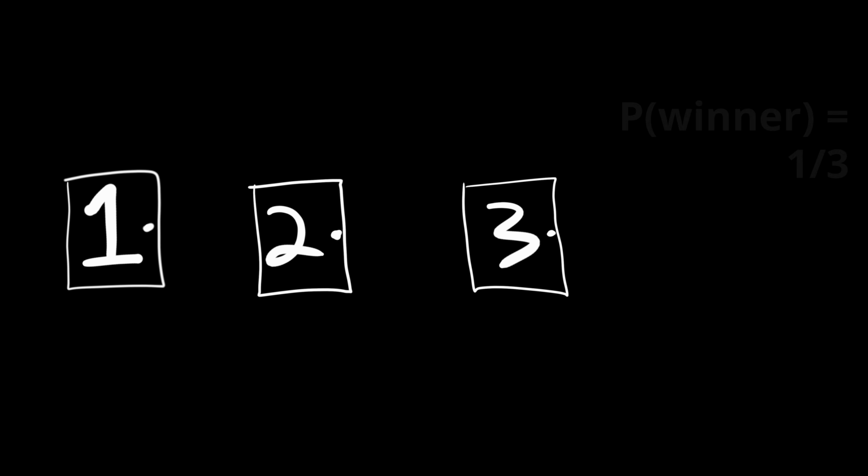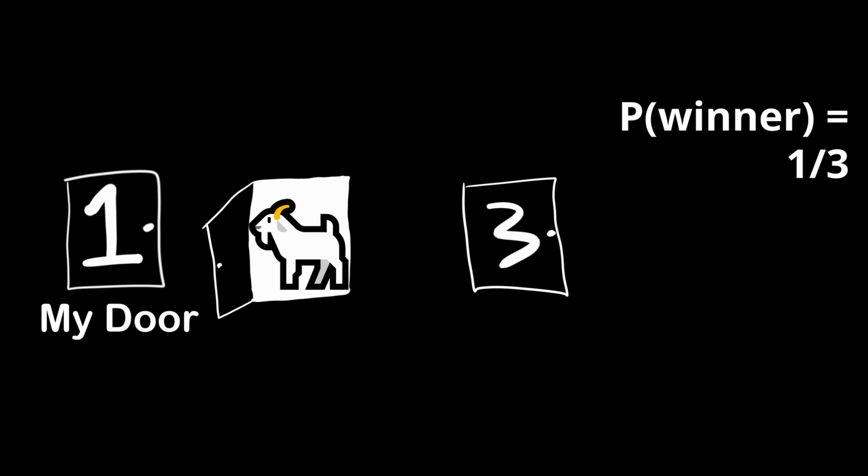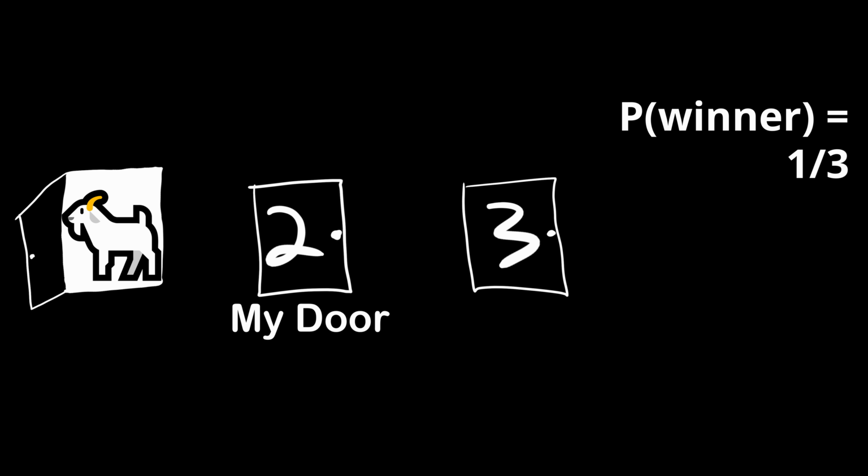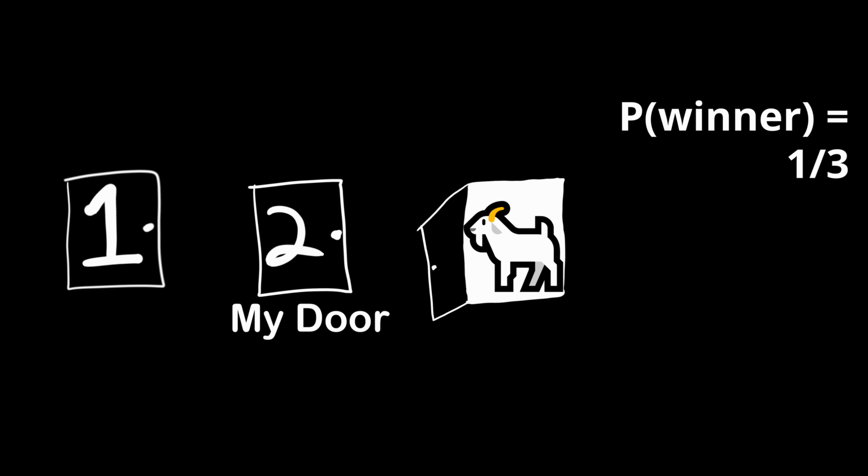The key difference between this and the Monty Hall scenario is that, from your perspective, Monty's turn always looks the same. It doesn't matter what door you chose at the start, whether it was a winner or not. Monty is always going to open a door with a goat.